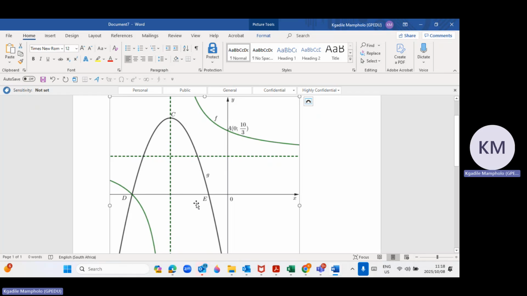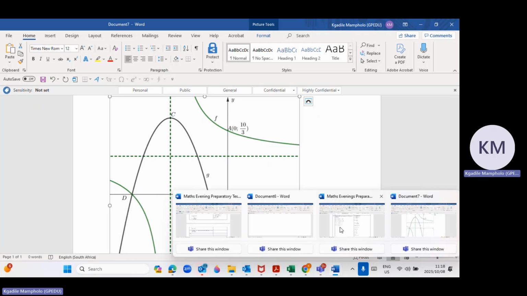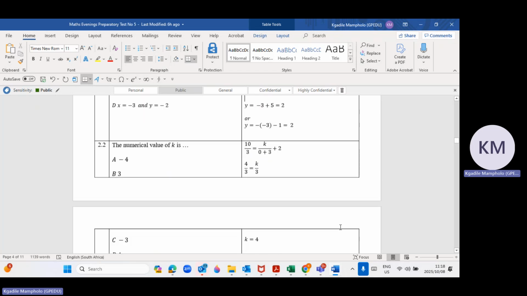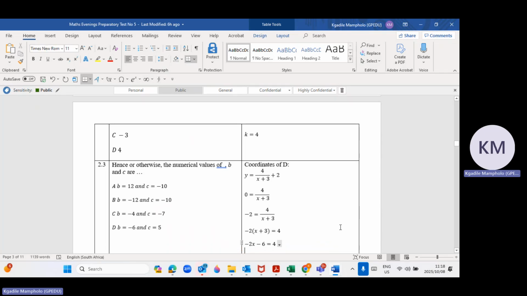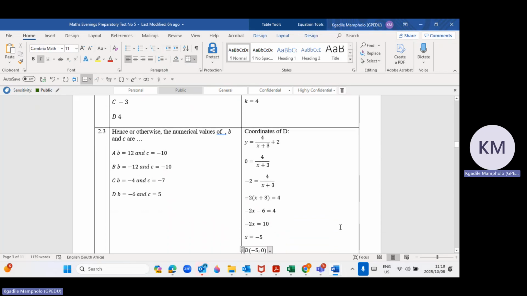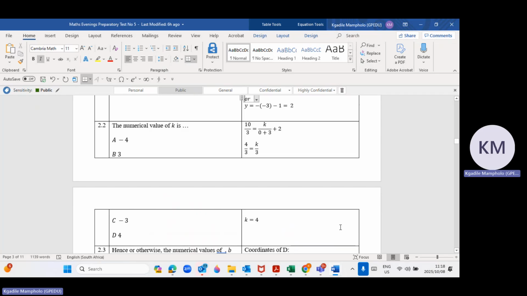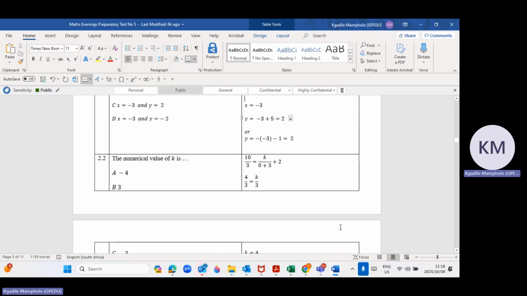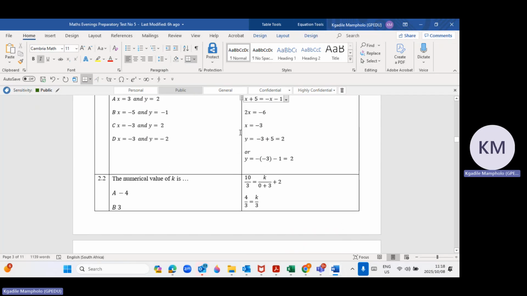How did you get minus 3? It is by calculating. If you check, let's quickly go back here. From the previous question, you determined the value of k, and thereafter you determined the value here. You use the lines of symmetry here. Then you found that the equation of the vertical asymptote is minus 3, and in the statement we said the vertical asymptote is the same as the axis of symmetry of the parabola.